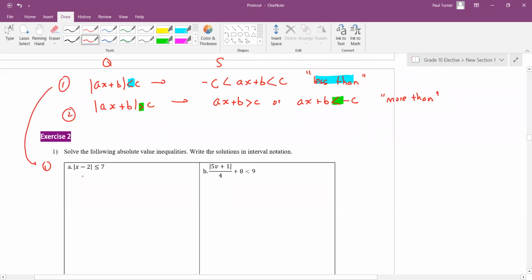So you need to change your question to look like this. And your C here is 7. So we need to write -7 here. Less than or equal to. So just follow this sign here. If it's got an equals, you need to include it and keep the same direction too. Then you copy your U value, your statement in the middle, X -2.